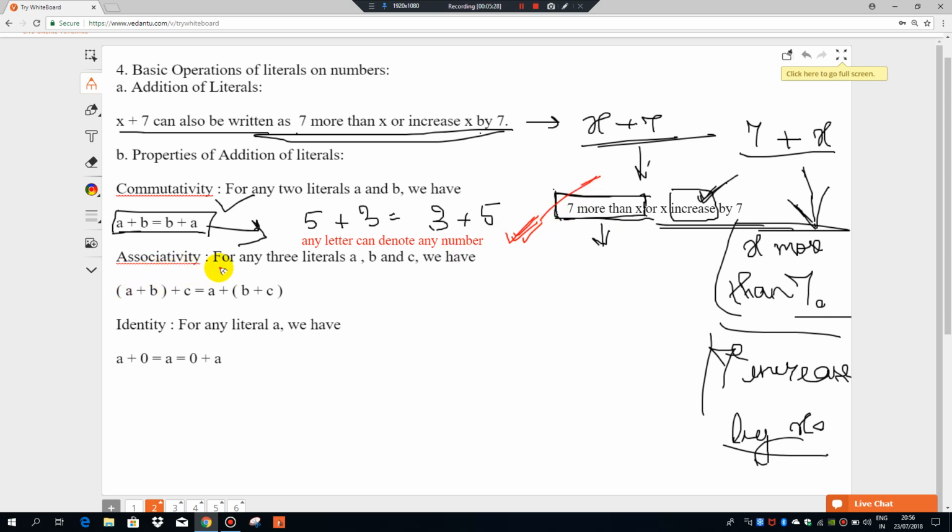Now, associativity. For any three literals a, b and c, we have a plus b plus c, that is a plus b, plus c. But here regrouping is important. The main thing is regrouping.